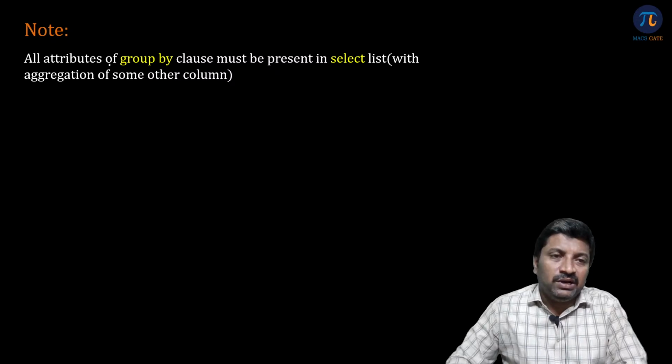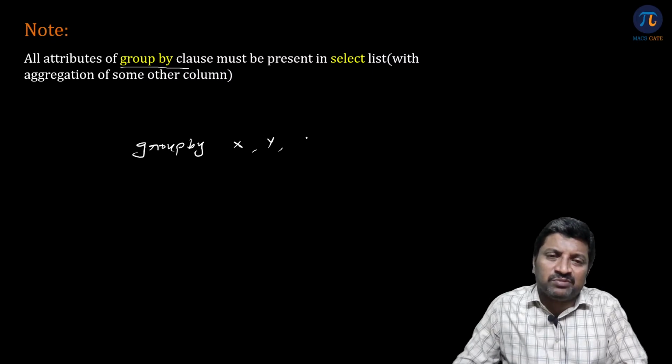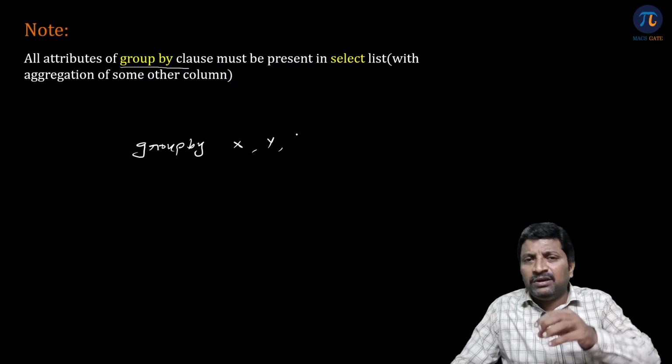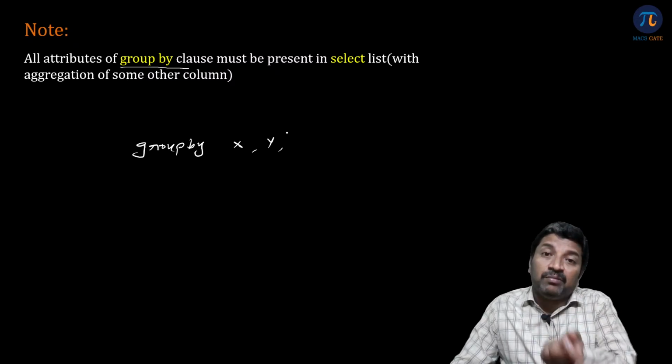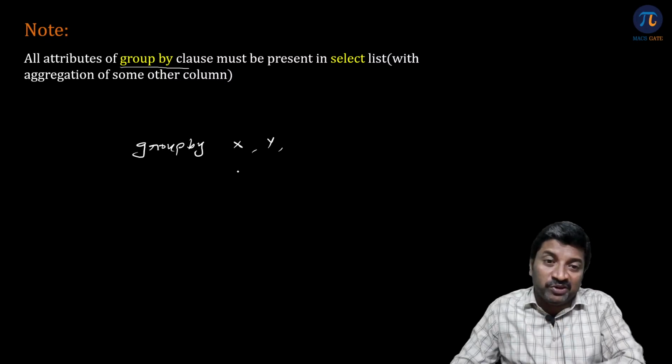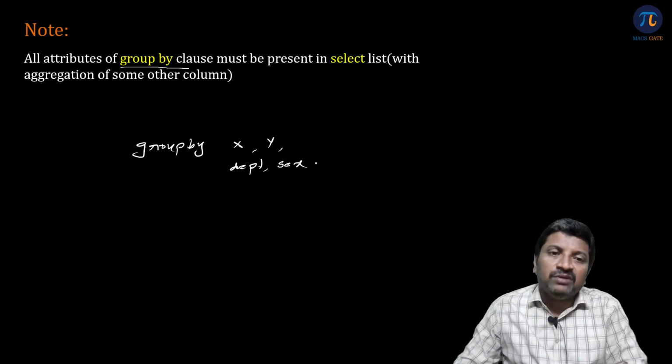Yeah, look at this, sir. All the attributes of group by column, whatever you are using in group by, here suppose I am using 2-3 columns. I want the average of salaries department wise, gender wise, then you can write department comma gender.